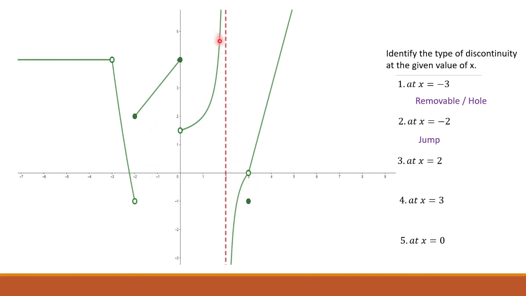At x is equal to 2, there is a vertical asymptote, so we have an infinite discontinuity. At x is equal to 3, the limit exists, and f of 3 is equal to 1. So the limit is not equal to f of c. So this is removable or hole. And at x is equal to 0, there is a gap. Therefore, we have a jump discontinuity.